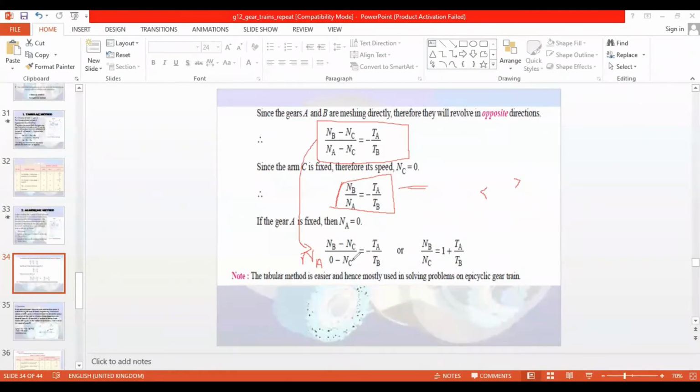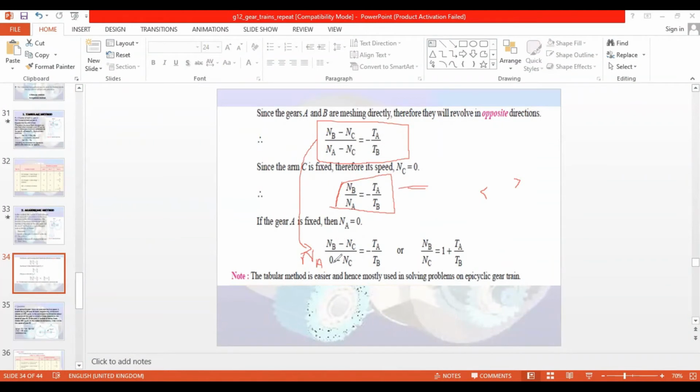TA upon TB. So this you can solve like NB upon NC. Here NC upon NC, that is 1, right? So NB upon NC is equal to 1 plus TA by TB, right? You can make NB by NC as the subject.